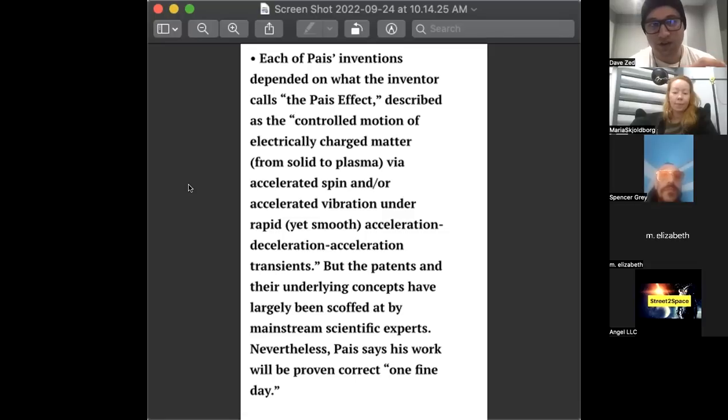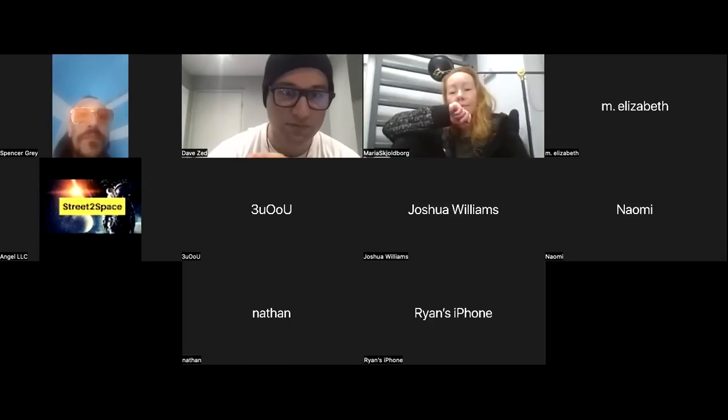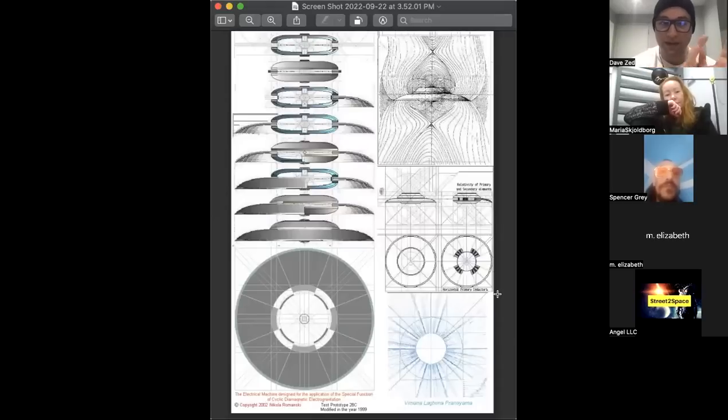Now, the reason I bring all of this up is because when we take a look at the way in which craft seem to be designed, and we'll pull up this image over here, again, allegedly, I want to be very clear, but when we look at the way the craft seem to be designed, manufactured and engineered, whether on this planet or otherwise, or within the planet, we notice something.